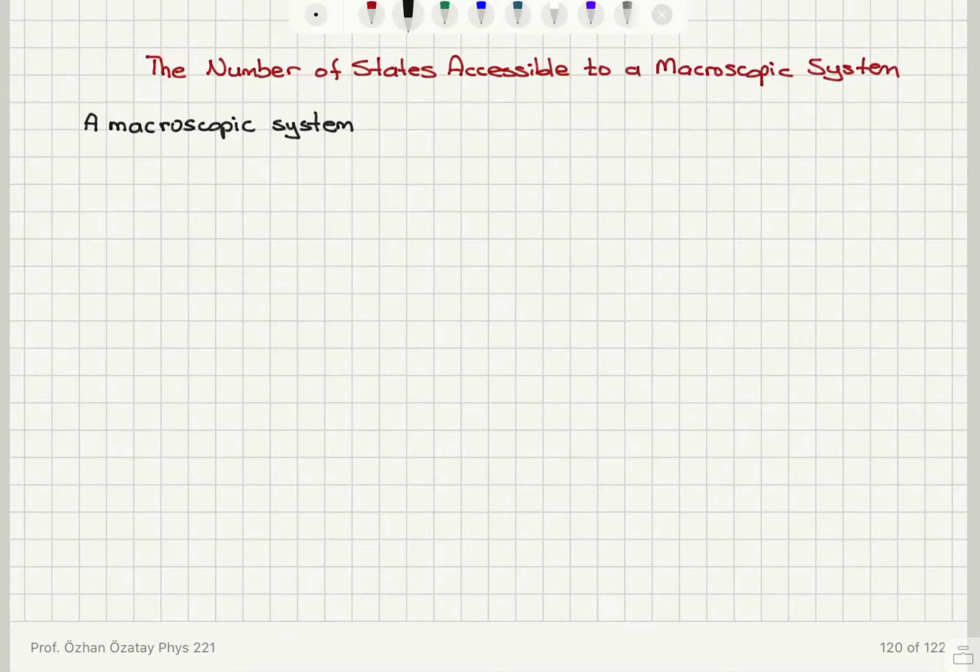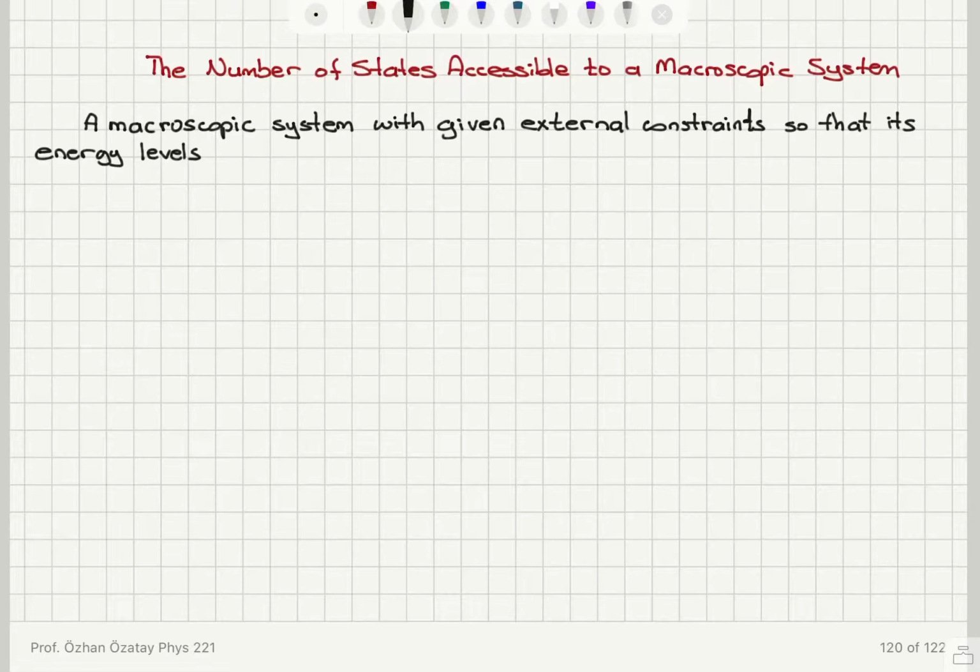Okay, so we have a macroscopic system with given external constraints so that its energy levels are determined.